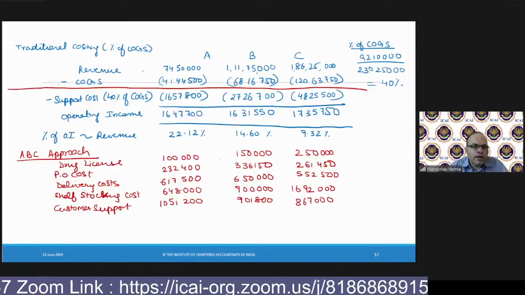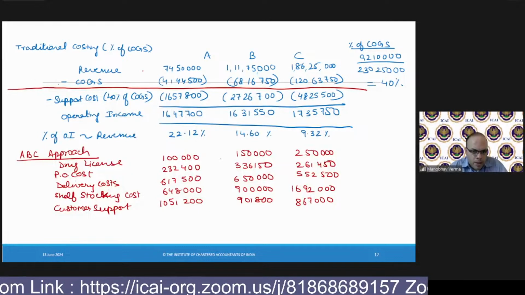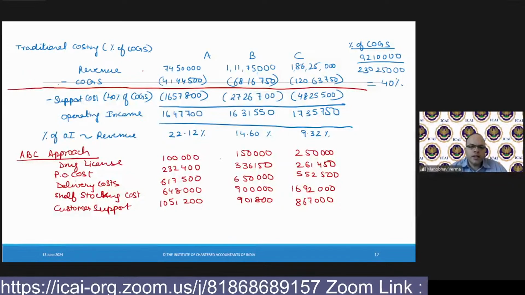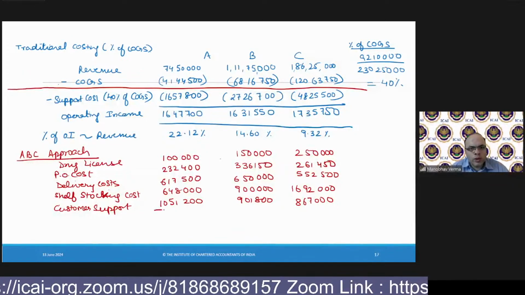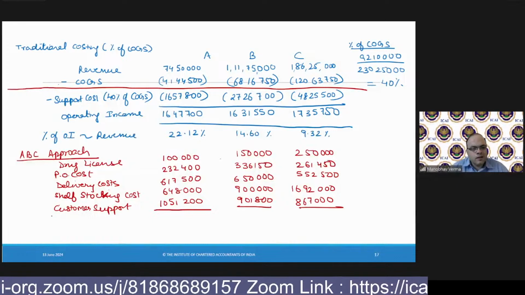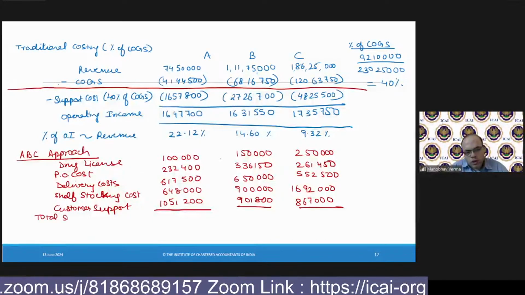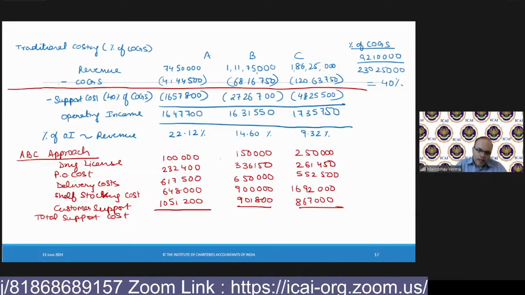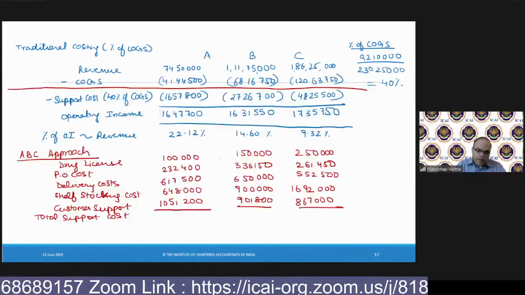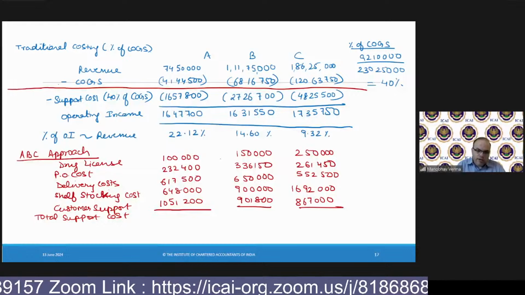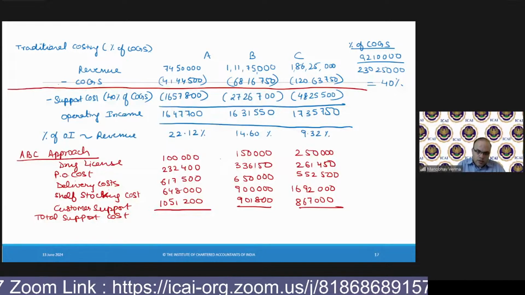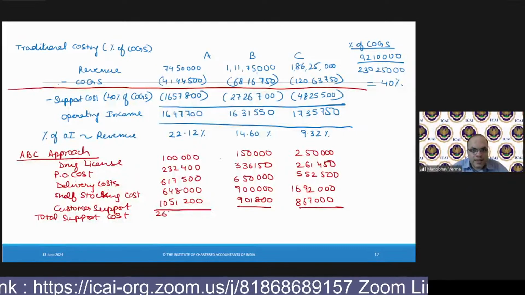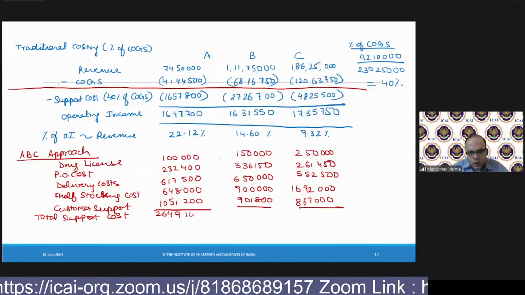So let's see how much we have allocated here. Let's quickly do the catch-up: total overhead support cost under ABC. So we're looking at 1 lakhs plus 232 400 plus 617 500. So we're getting 26 lakhs 49,100 here.